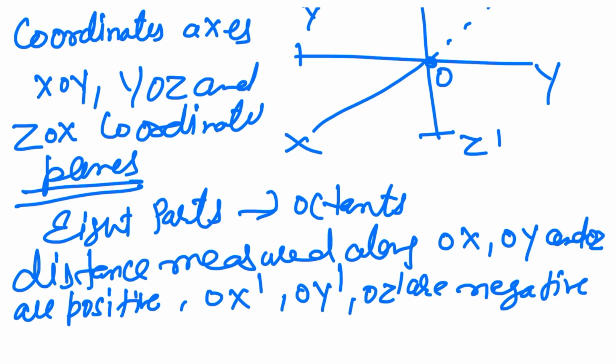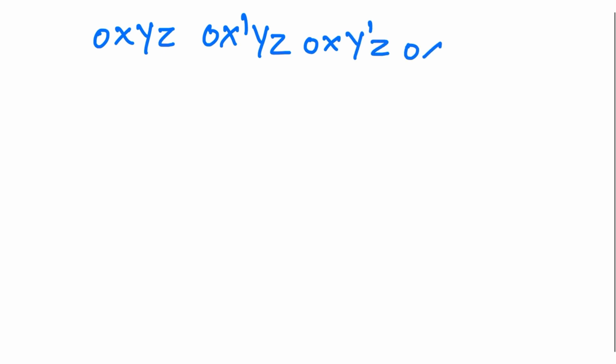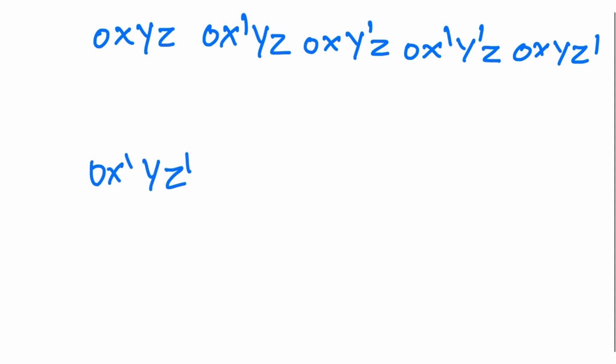So the names of these octants are OXYZ, OX dash YZ, OXY dash Z, OX dash Y dash Z, OXYZ dash, OX dash YZ dash, OXY dash Z dash and OX dash Y dash Z dash.